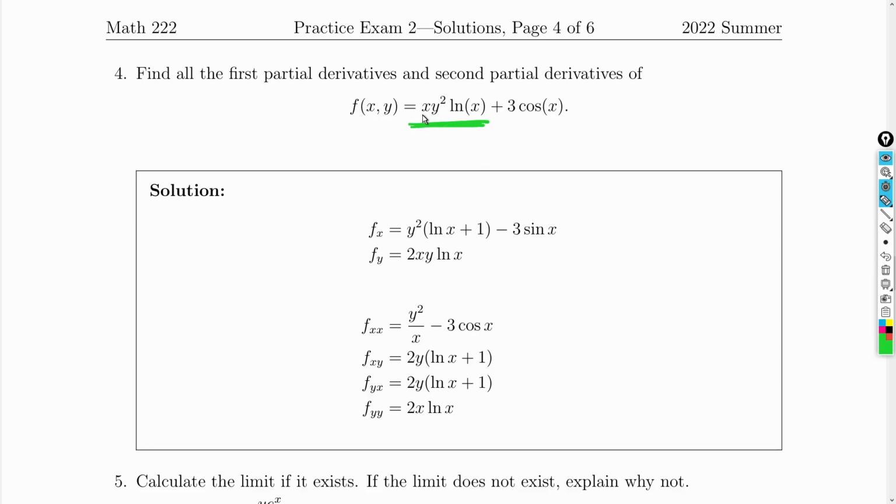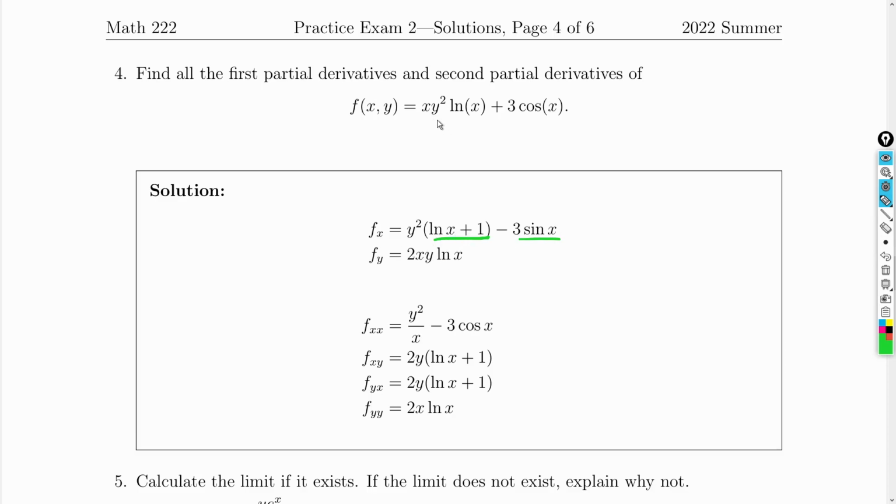Notice you have two functions of x, so there's a product rule. Y squared is thought of as a constant, so we pull that out and then take the derivative of x times ln x, and that gives you this. Then the derivative of that with respect to x is straightforward.